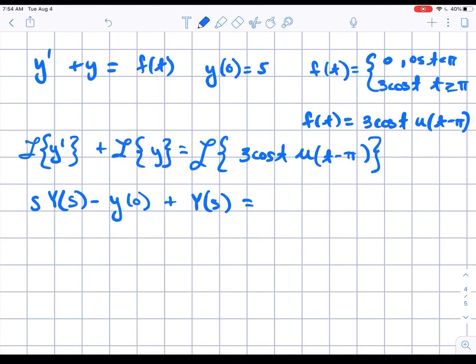But the one thing I can change to make it a little bit nicer, because this is trig, right? If I want to do cosine of t minus pi, that's just going to be a negative cosine t.